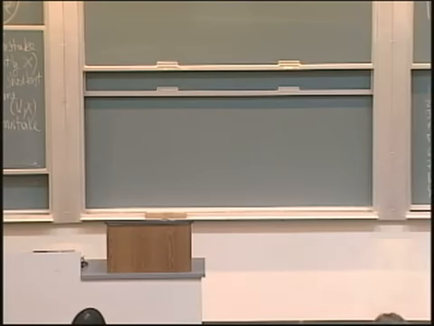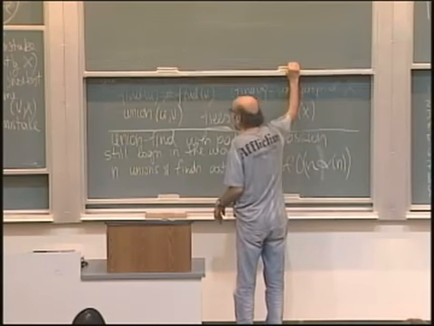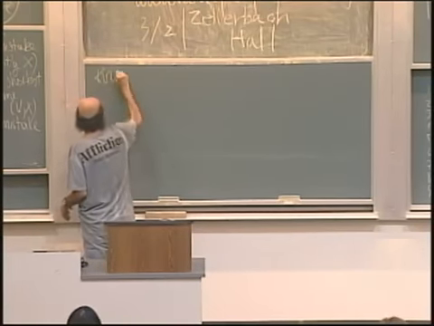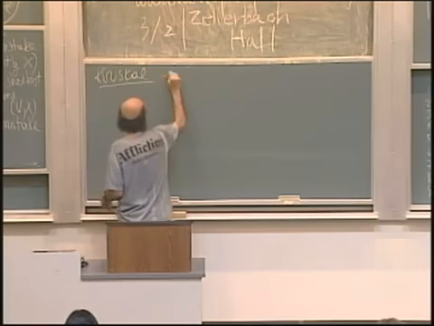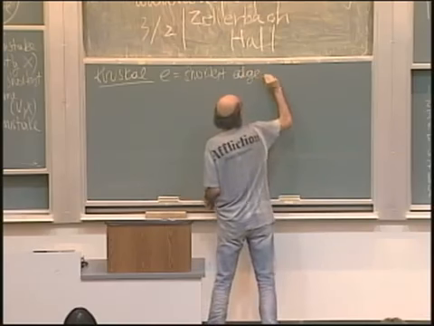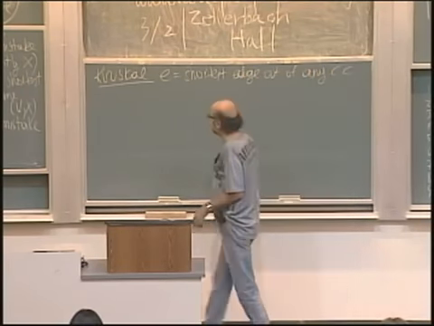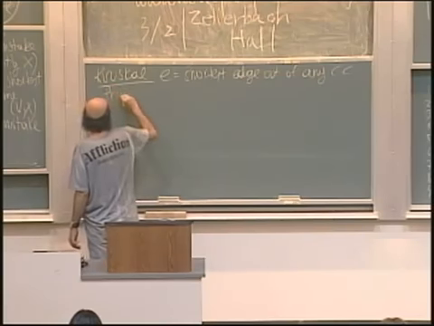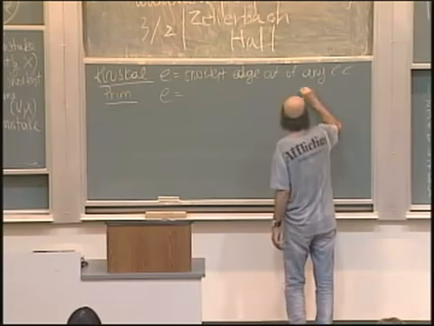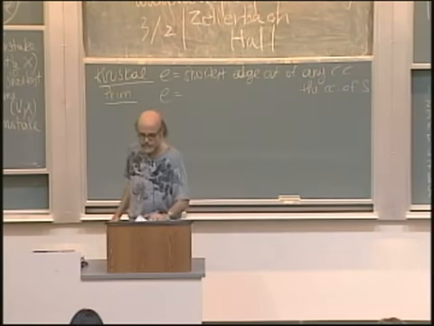Kruskal: e is the shortest edge out of any connected component. Prim: e is the shortest edge out of the connected component of S. So here's the story.